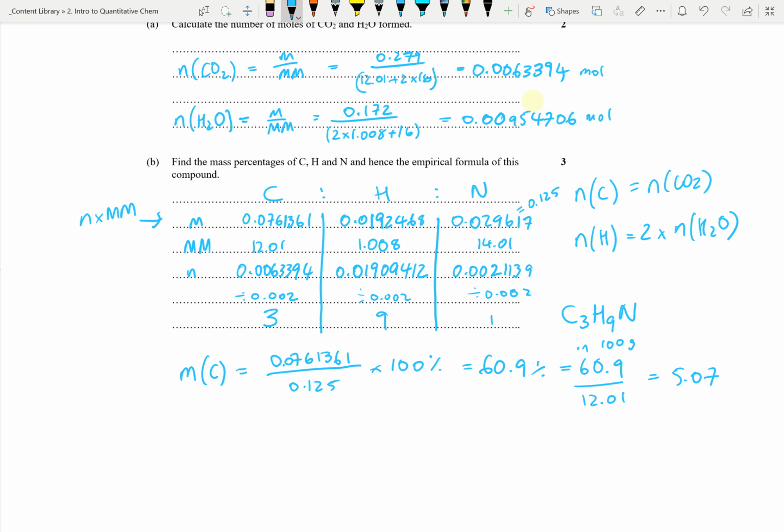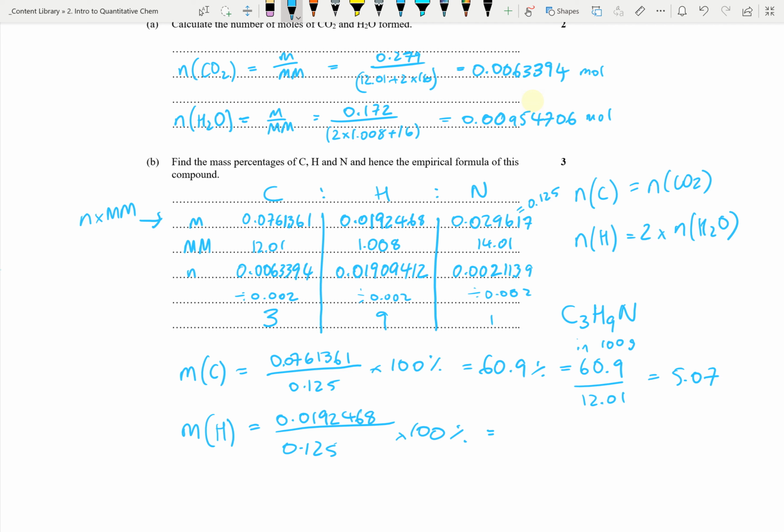Oh, how annoying, because then you've got to do it for all of them and get the mole answers, then divide by the lowest moles. So I'm going to have to confirm that. Mass of hydrogen equals 0.0192468 divided by 0.125 times 100%, which is some kind of percentage that I will convert into mass.